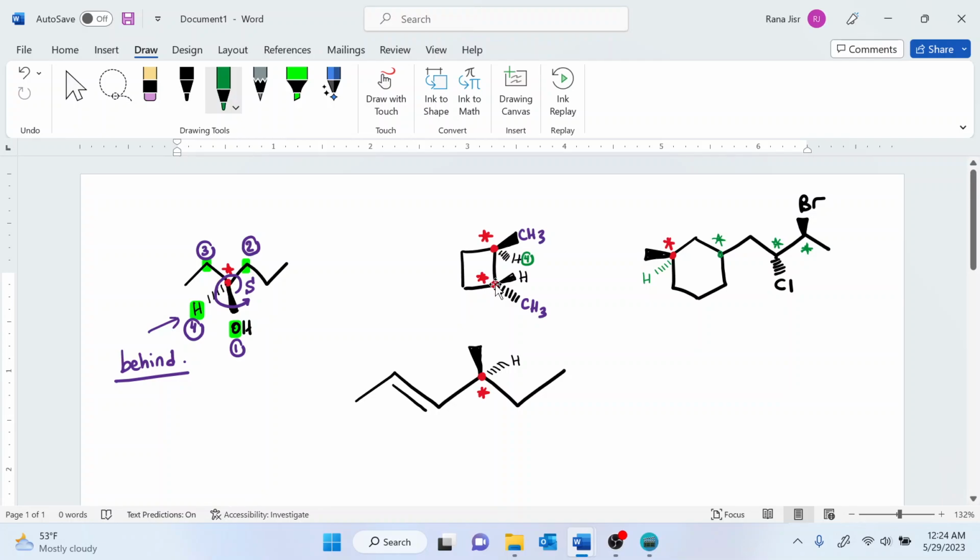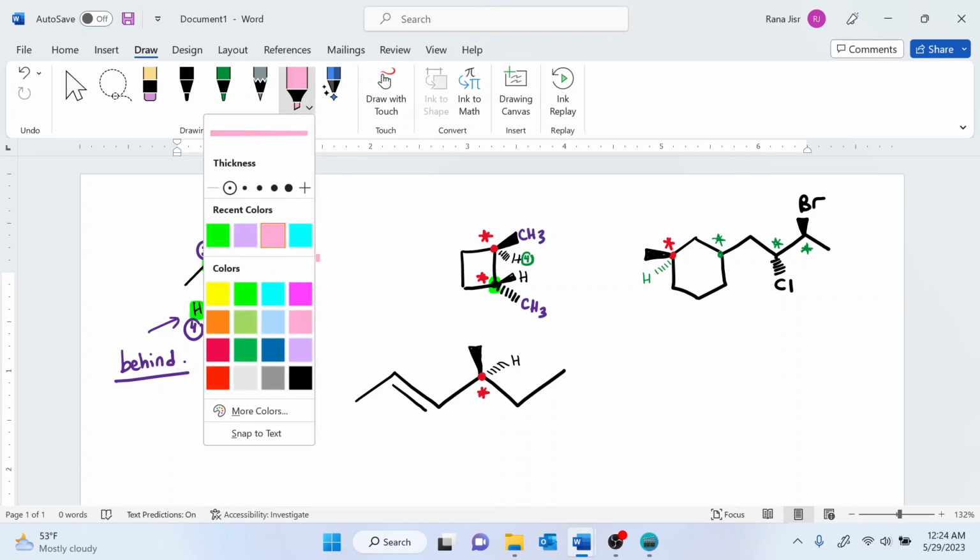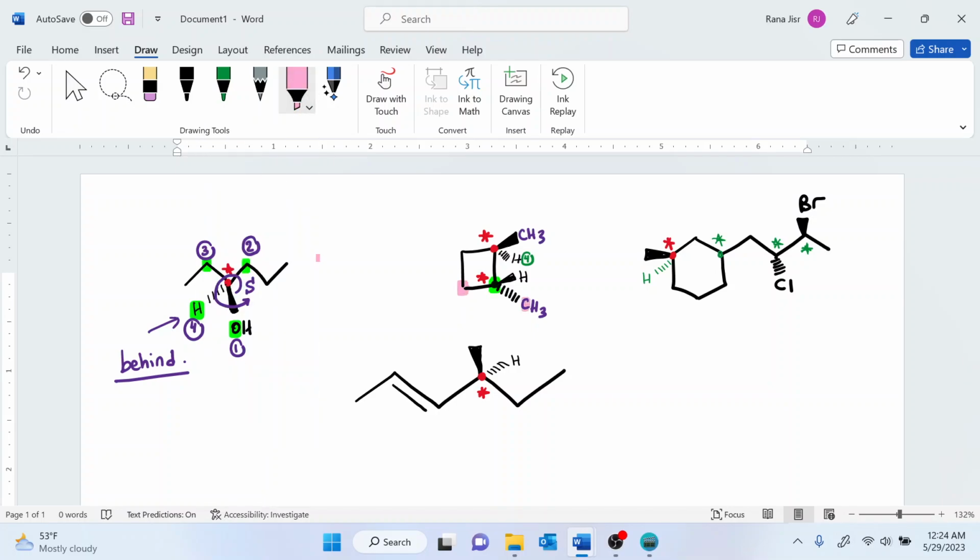So this carbon here, let's highlight it. So this carbon here is connected to 2 carbons. This is 1 carbon and this is another carbon in there. Versus this is a carbon that is connected to a hydrogen and to a carbon.